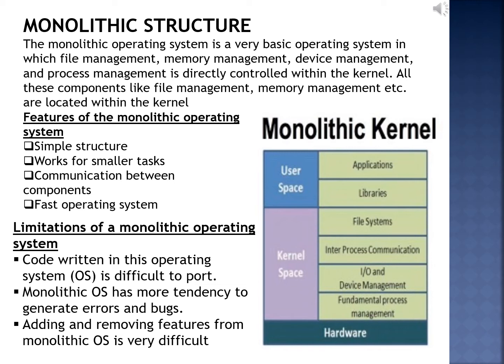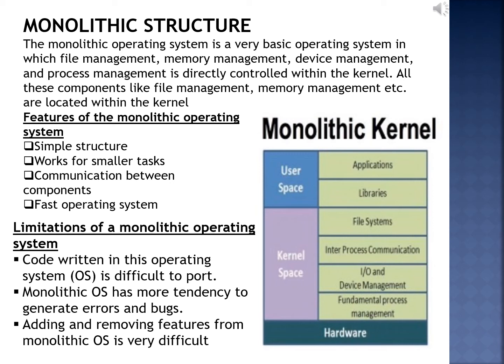Communication between components. All the components can directly communicate with each other and also with the kernel. And the code to make a monolithic kernel is very fast and robust. So the fast operating system is done here.